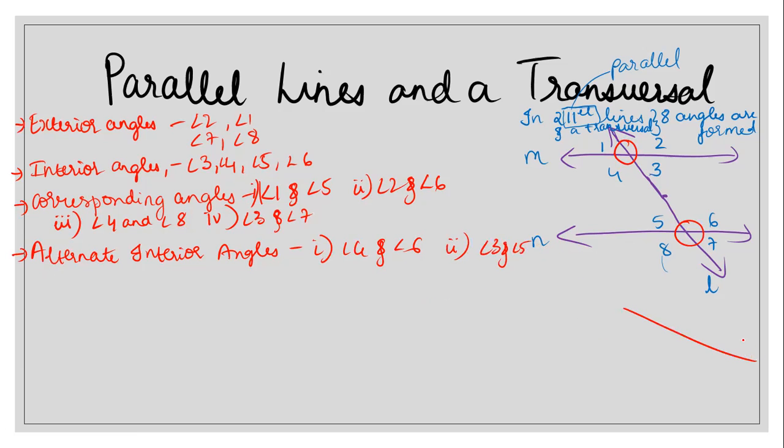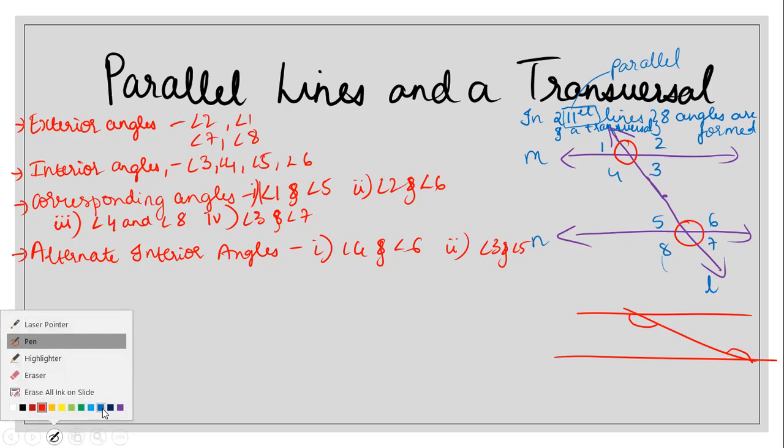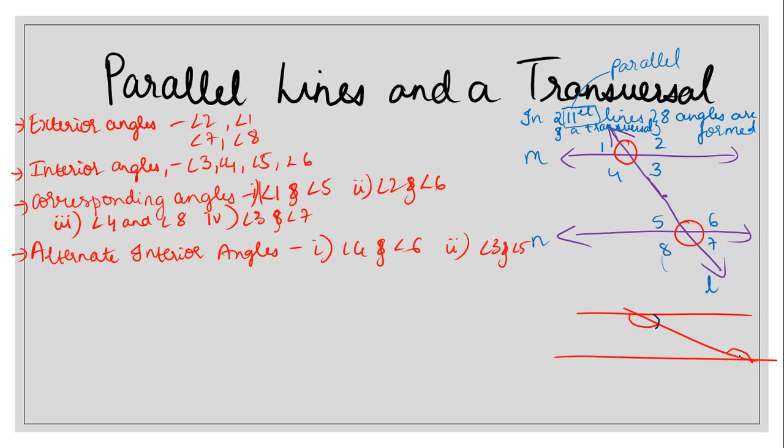Meaning if this is my transversal and I have two parallel lines here, this angle and this angle are alternate interior angles. Similarly, this angle and this angle are alternate interior angles. Inside, in the interior, the alternate angles, inside the parallel lines. So these are called alternate interior angles, or you can say interior alternate angles.